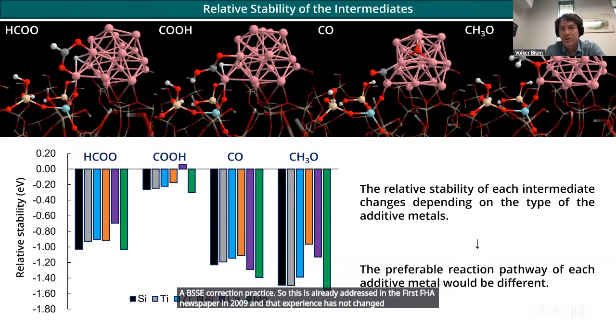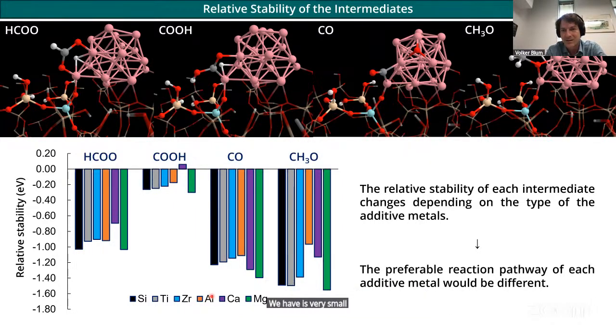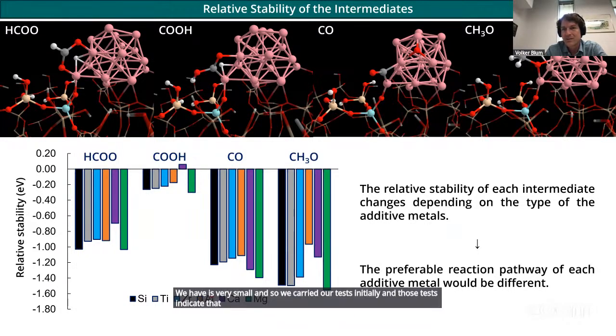The DFT BSSE errors that are reported elsewhere often arise near the nucleus, and our NAO basis functions near the nucleus are very good and very precise. So the BSSE we have is very small, and we carried out tests initially, and those tests indicate that our basis set error is not even close to primarily BSSE.